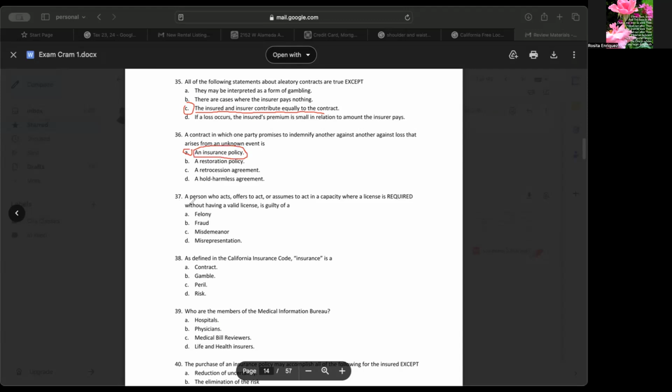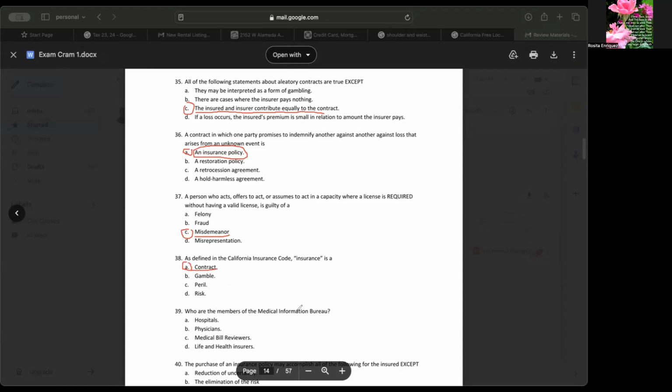Number 37. A person who acts, offers to act, or assumes to act in a capacity where a license is required without having a valid license is guilty of, you got it, a misdemeanor again. Number 38. As defined in the California Insurance Code, insurance is a contract. Letter A.